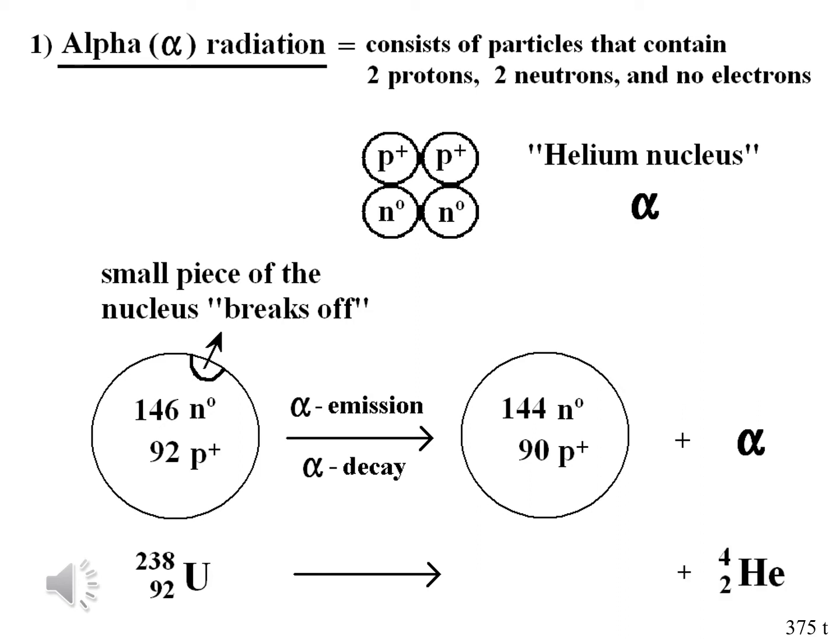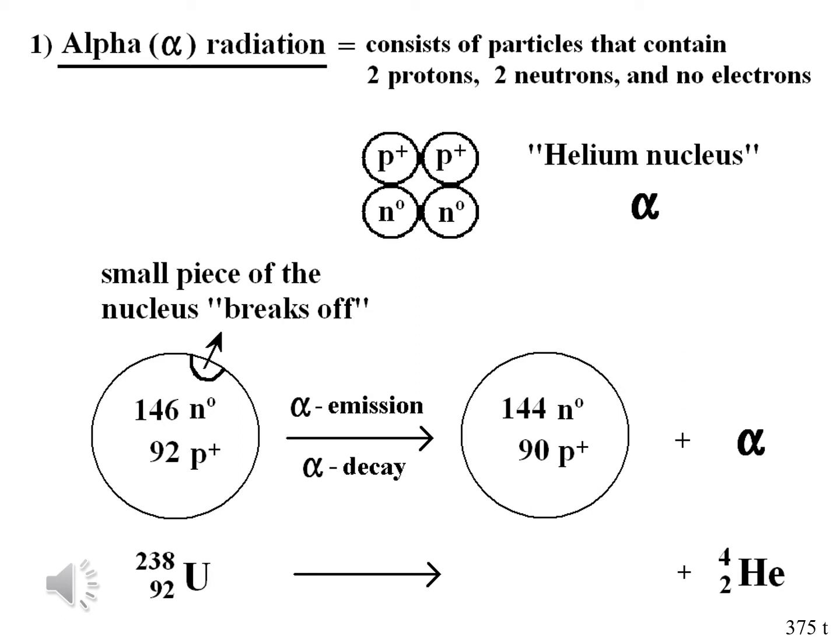Now remember that in nuclear notation, you have protons on the bottom and protons plus neutrons on the top. You have to know how to write each one of these particles. That's the reason why you write an alpha particle as a helium with 2 on the bottom and 4 on the top, because it's actually the same as a helium atom but without the electrons, and that's what helium has: 2 protons and 2 neutrons.